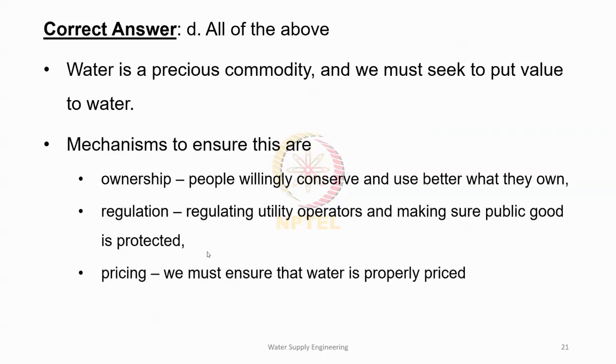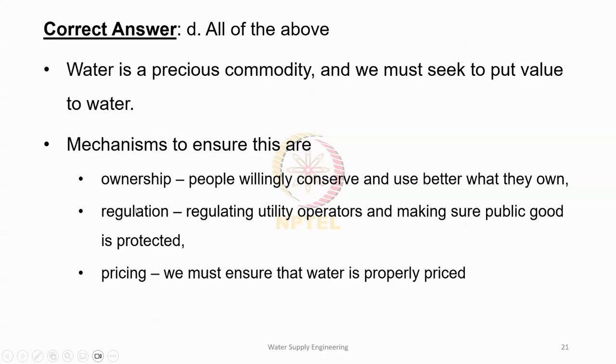So, the mechanisms to ensure this are, first one is ownership. That is, whenever a particular thing is owned by a person, they will have more willingness to preserve or conserve without much wastage. So, the first parameter is ownership.